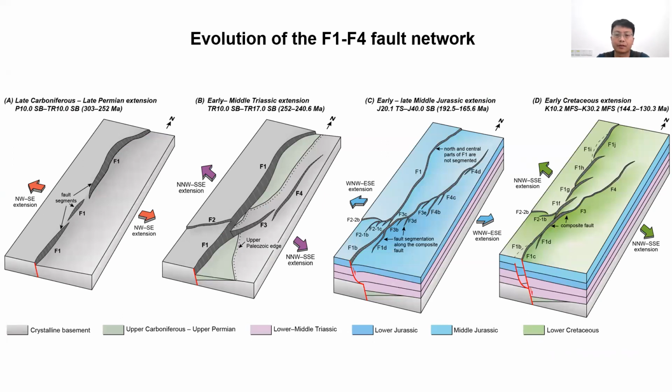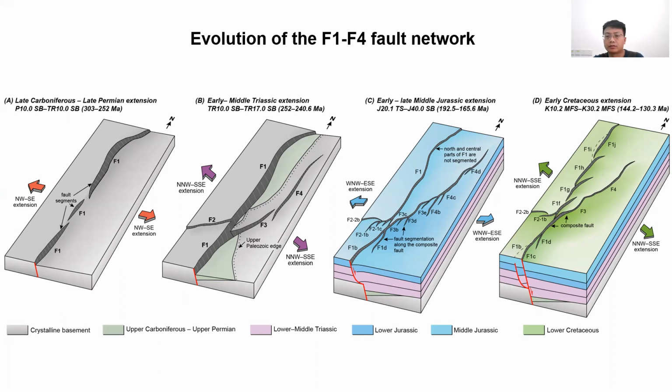In the lower to mid Jurassic extension, the reactivation of the faults developed the right stepping fault segmentation along the southern part of F1, F2, F3, and F4. Although the central and northern part of F1 was also reactivated, they did not have much segmentation development.